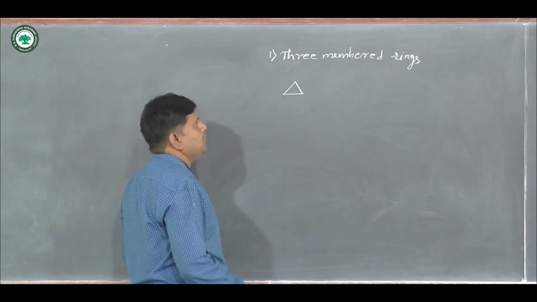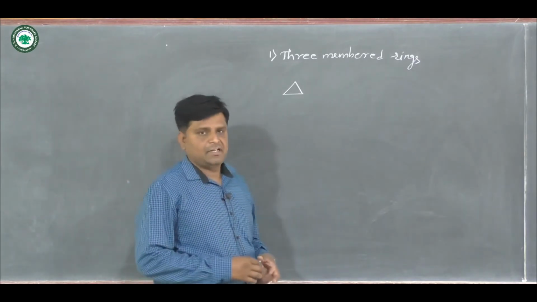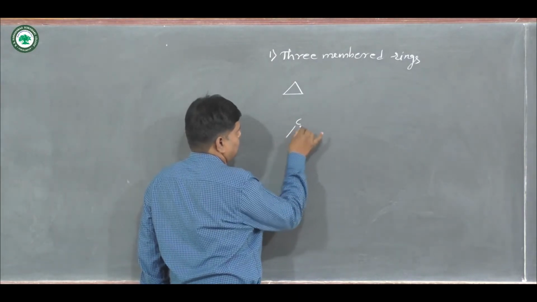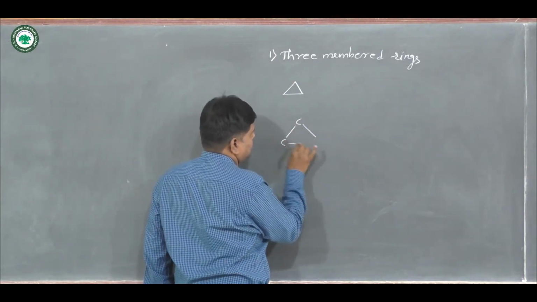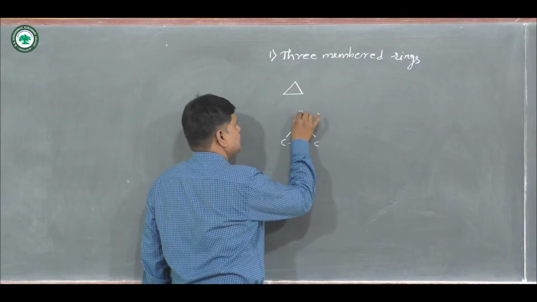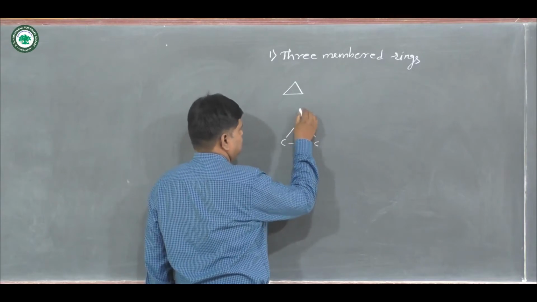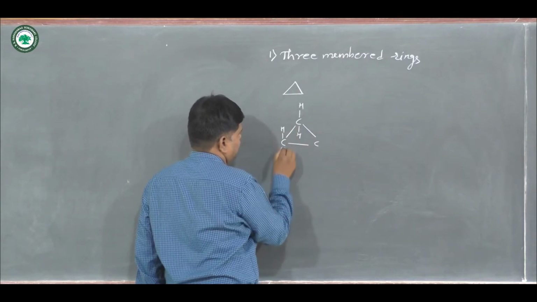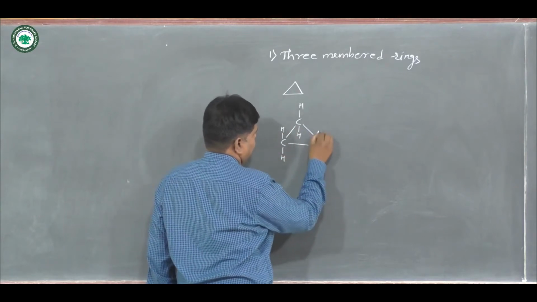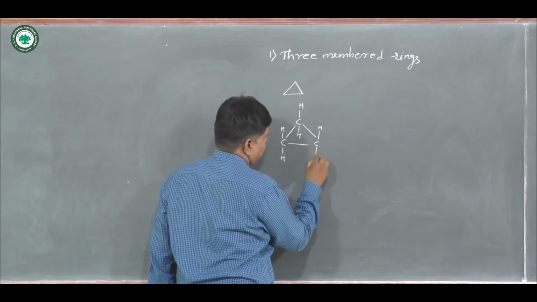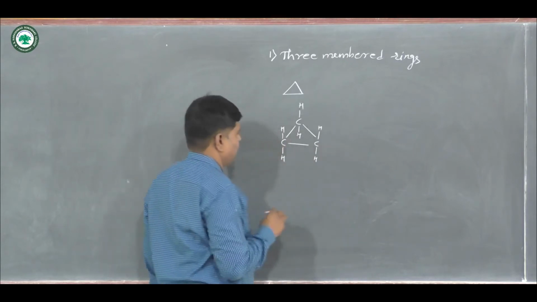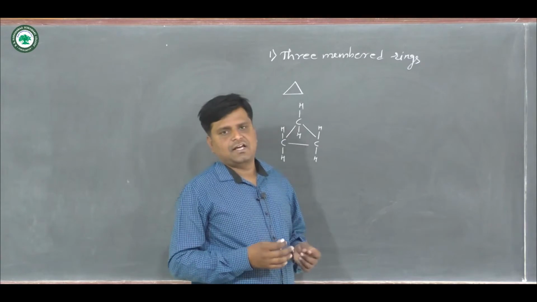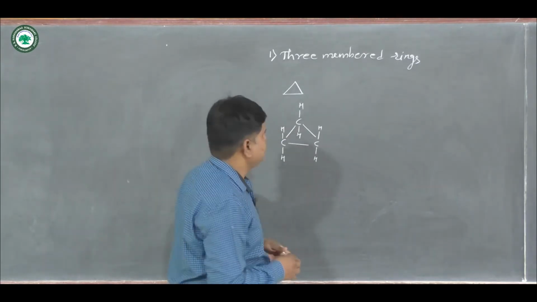This is the 3-membered ring system having 3 carbon atoms, and when we go for a deeper study, we draw two hydrogens on each carbon: here 1 hydrogen, here 1 hydrogen, another here 1, here 1. These are not the actual positions of the hydrogen atoms, but for our convenience we write all these hydrogens on the upper and lower side.